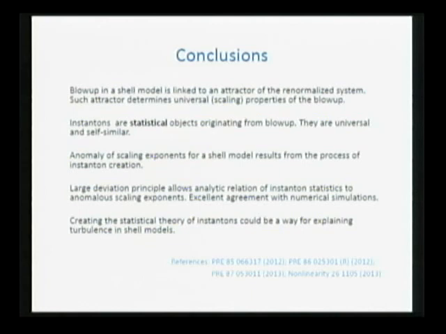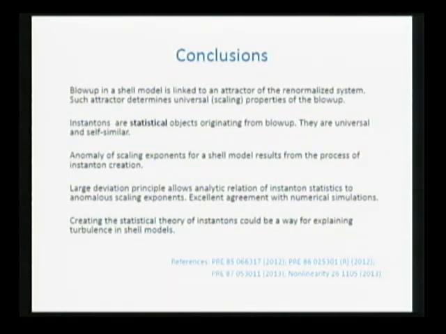Then, assuming this fact, we can show that the anomaly of the scaling exponents is a result of the instanton creation. This is another message. And the third message is that, assuming all of this, using the large deviation principle, we can analytically relate the whole instanton statistics to the anomalous exponents. So we can put them together.